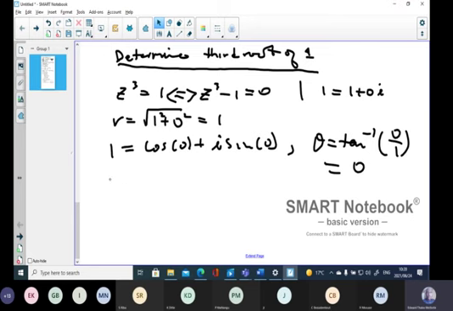Now in exponential form, zk is equivalent to the n-th root of r, e to the power I times theta plus 2 pi k all over n, and k still starts from 0 up to n minus 1. Now let's substitute and see.